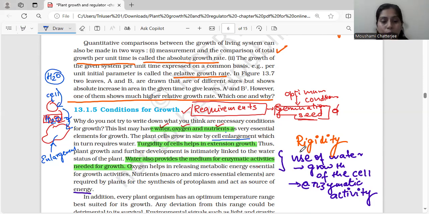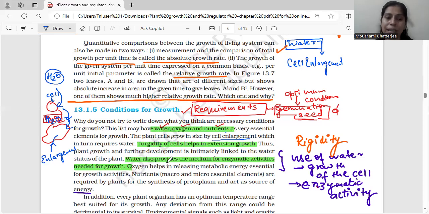Thus, plant growth and further development is intimately linked to the water status of the plant. So what do we see is water will lead to cell enlargement. All right. Cell enlargement will happen with the help of water, because water is going to make the cell turgid, which will help in extensional growth, and further the cell is going to undergo enlargement.